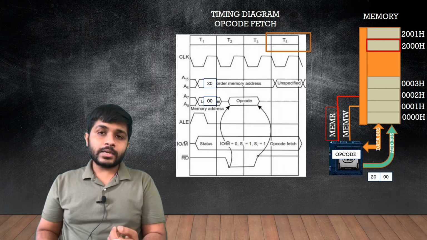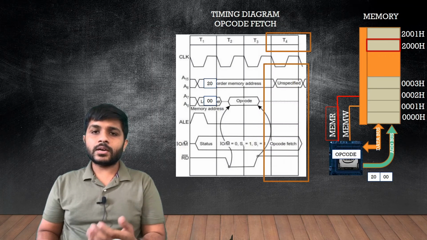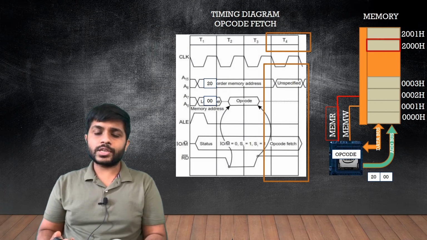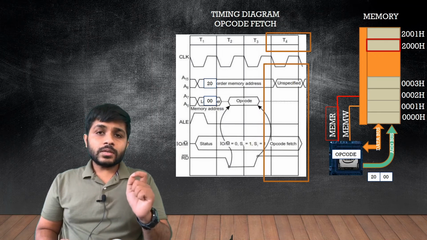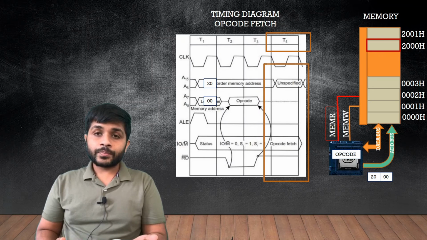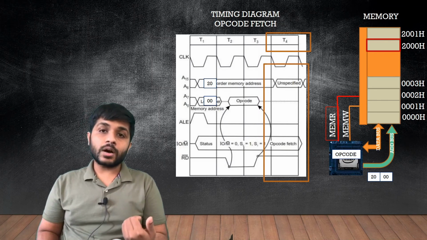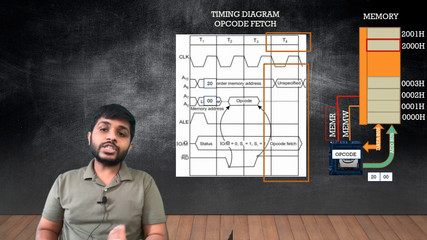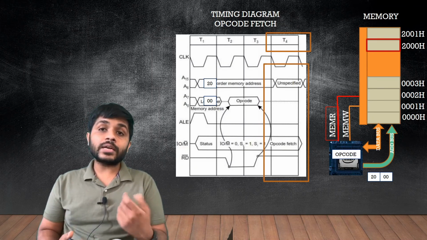And the last state is T4. You can see that in the T4 state, there is nothing much: there is an unspecified address bus and no other signals. So why is this state needed? The T1, T2 and T3 states are enough for the opcode fetch, in which the microprocessor has fetched the opcode. But by just fetching the opcode, the microprocessor is not able to understand its meaning.